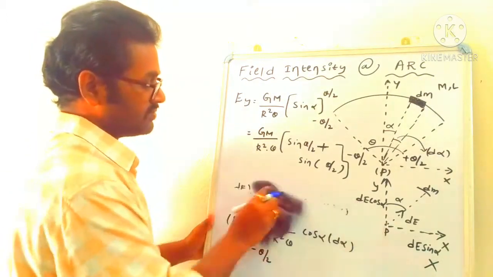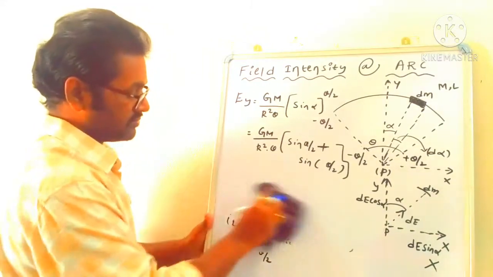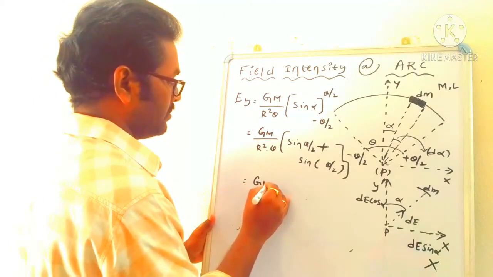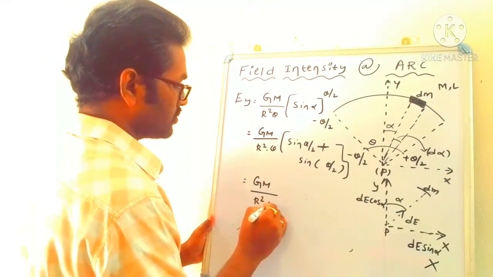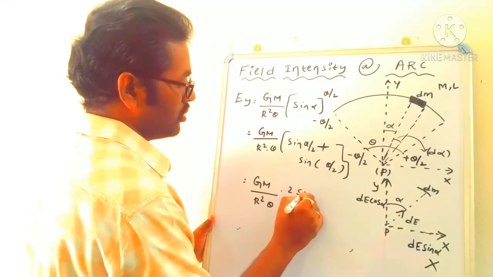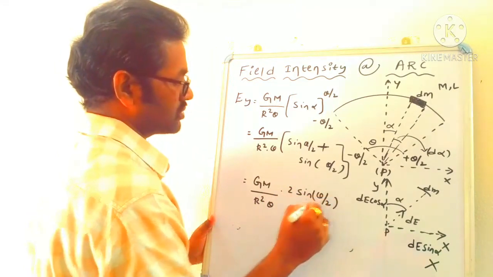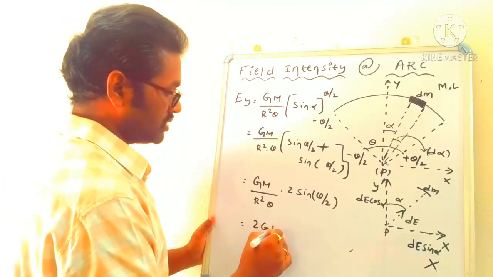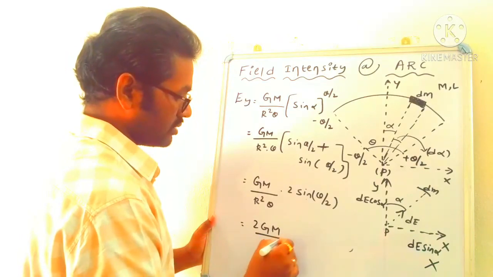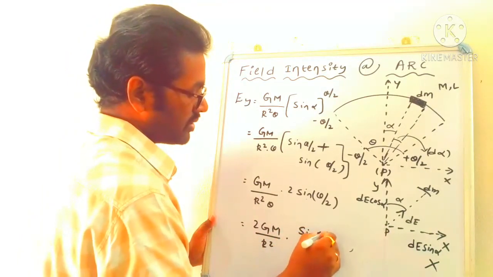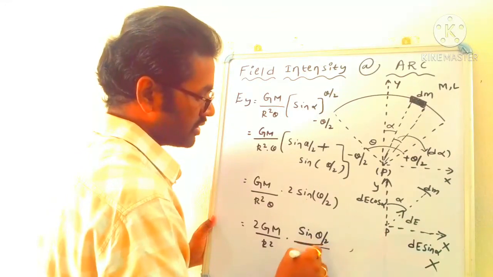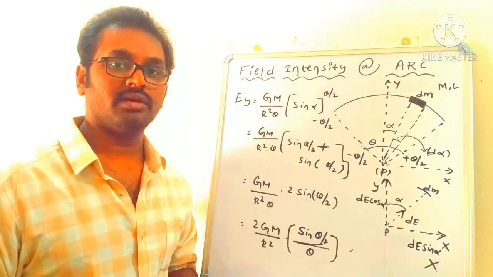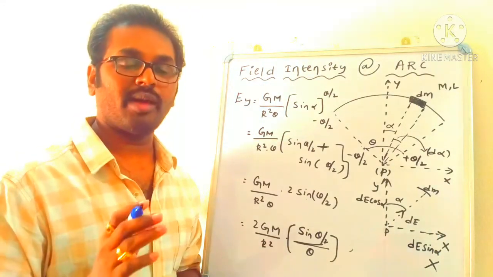So the final result is Gm divided by r square theta into 2 sine theta by 2. We can rearrange this as 2Gm by r square into sine theta by 2 divided by theta. So this is the most important application related to the given arc of mass m and radius r.